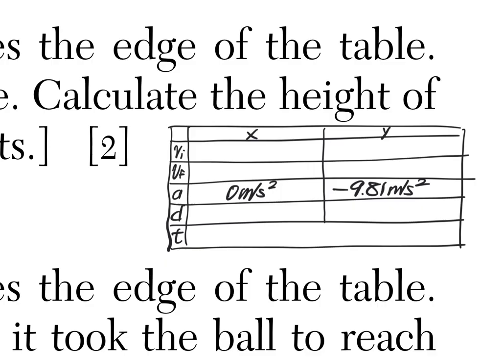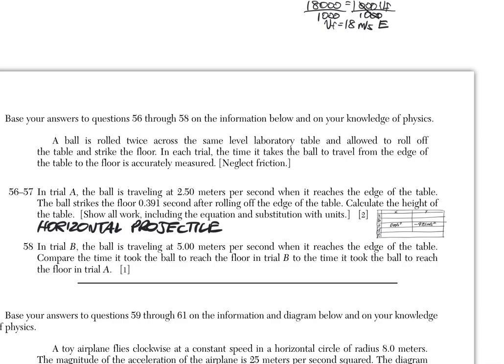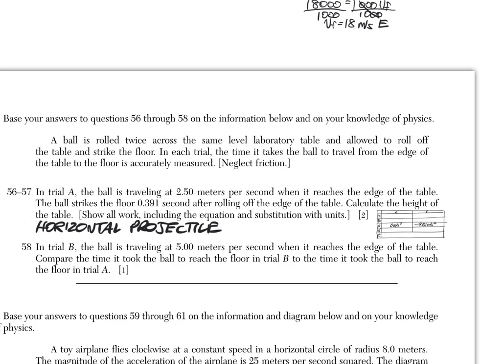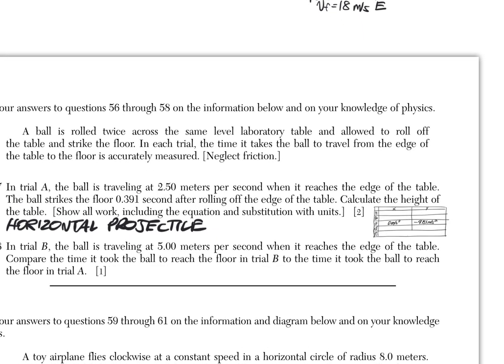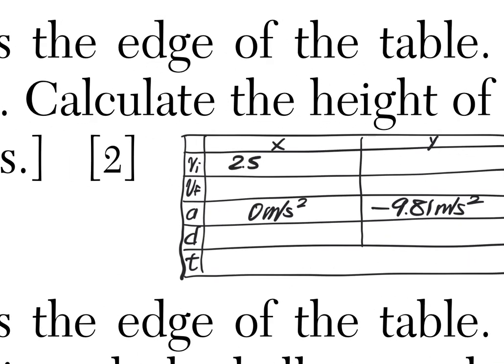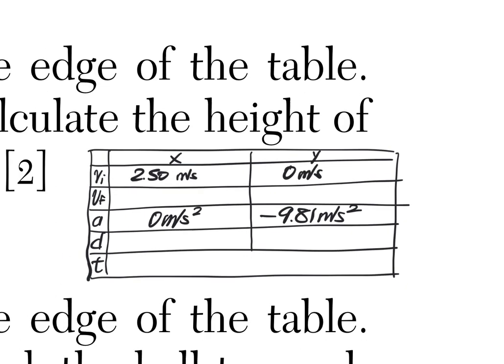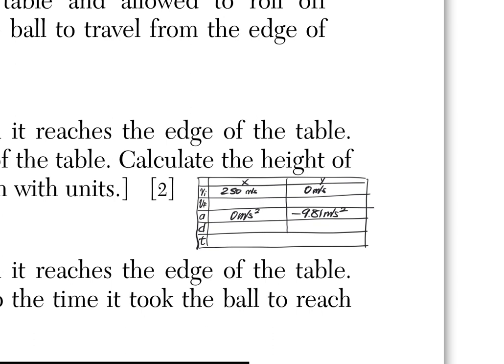All right, so I know the acceleration is always the same for any projectile. And then the stuff it told me: 2.5 meters per second rolling horizontally. So I know that the initial x velocity is 2.5 meters per second, and it's rolling horizontally off of the table, so the initial y velocity is 0 because it's a horizontal projectile.